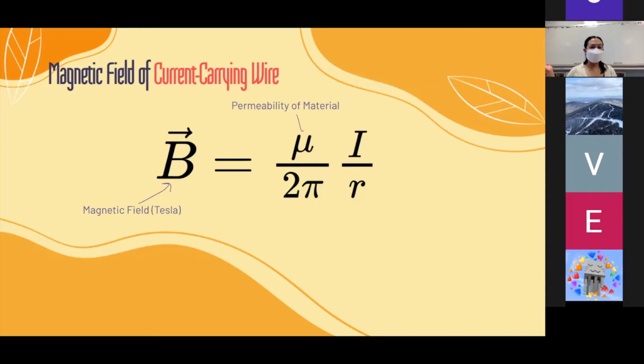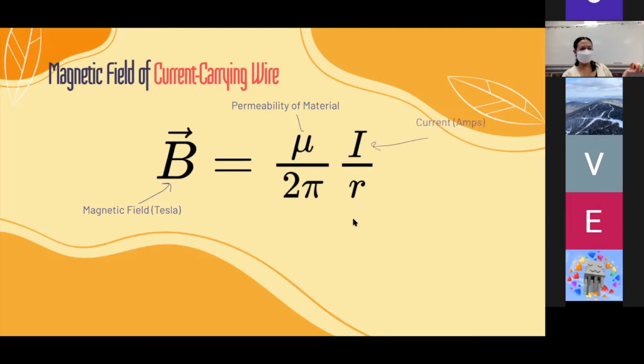So a regular wire in our classroom, you would take permeability of air because air surrounds the wire. If you put the wire underwater, you would take permeability of water. If you buried that wire in the ground, like an electrical line running to your house, you would do permeability of the ground.